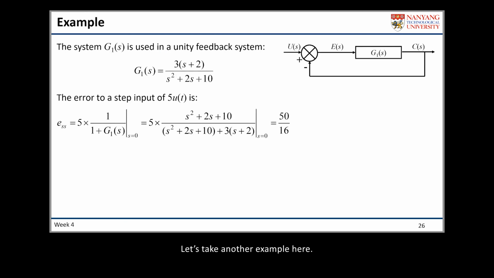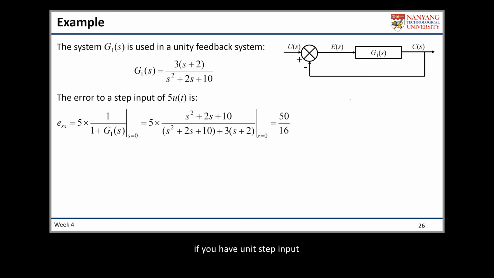Let's take another example here. We take a look at this particular system. We have a closed loop system again here. We have G1 as the open loop transfer function, and G1 is known. G1 is equal to 3s plus 2 divided by s squared plus 2s plus 10. From here, we can simply calculate the steady state error when we have a unit step input.